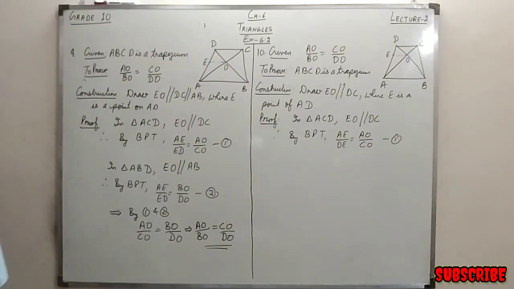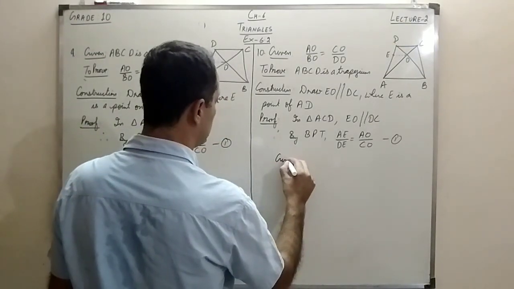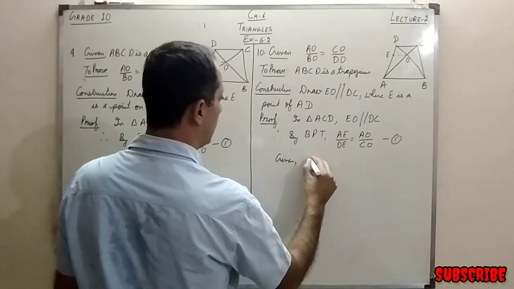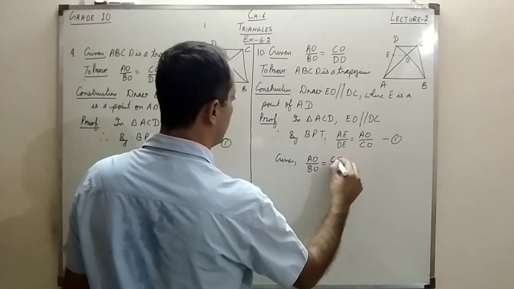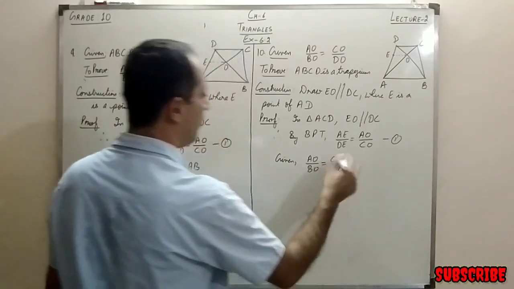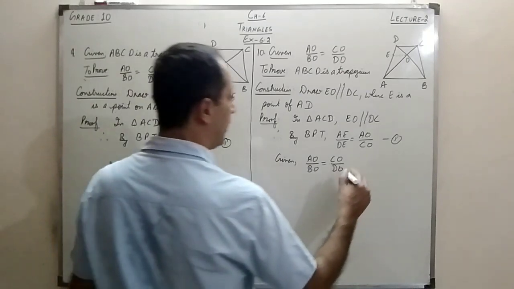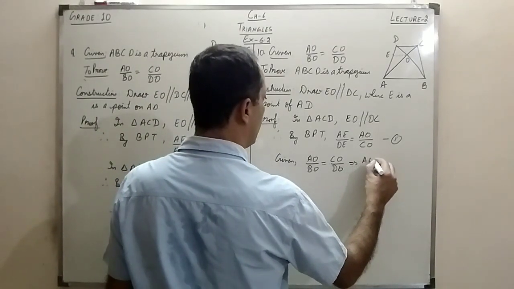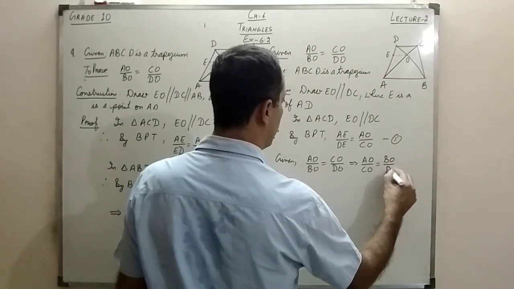Now there is a given condition also. What is given to me? Given AO by BO is equal to CO by DO. If I just cross this, this BO and CO, I can write it as AO by CO is equal to BO by DO.